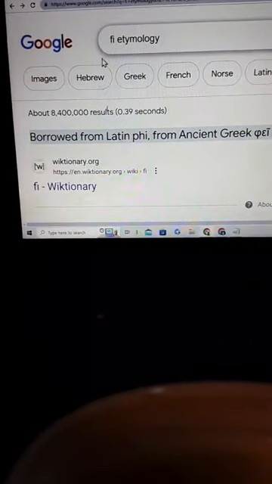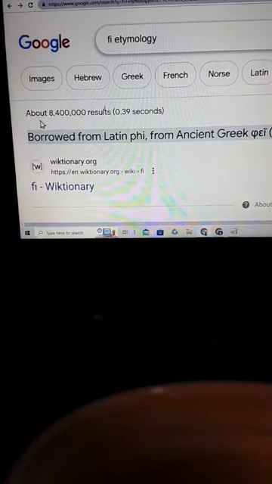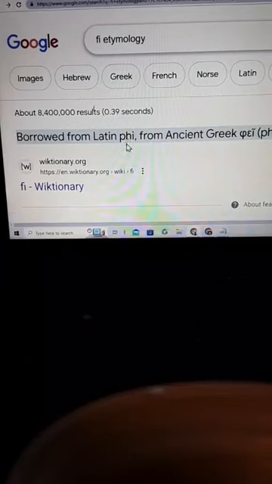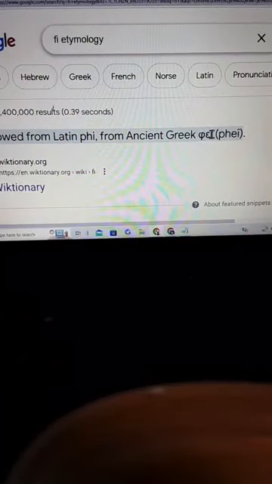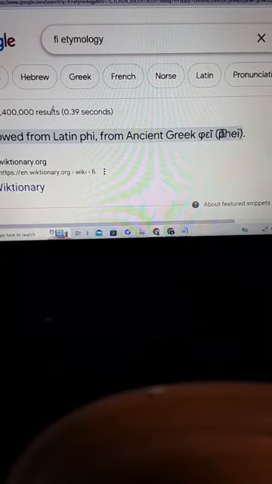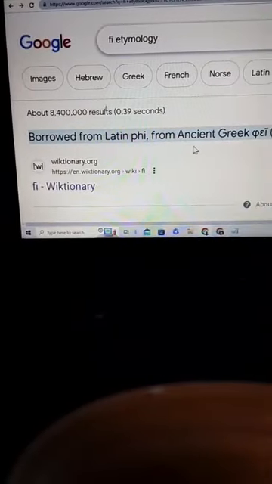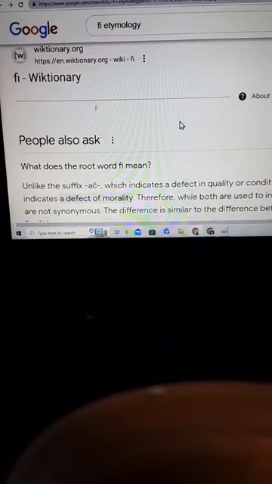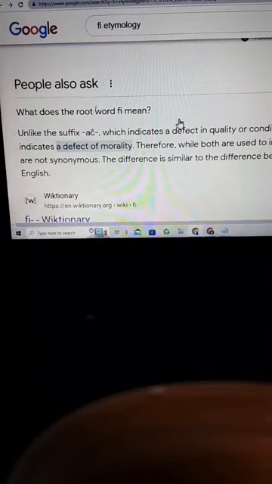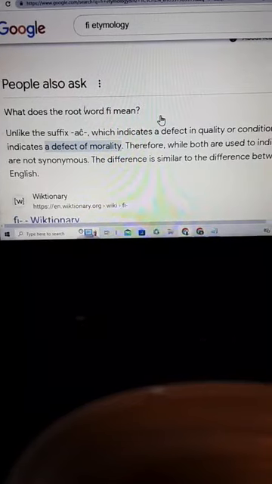FI, in etymology, it says borrowed from Latin phi, from ancient Greek phi, and that's from Wiktionary. Okay. It says, what does the root word phi mean?